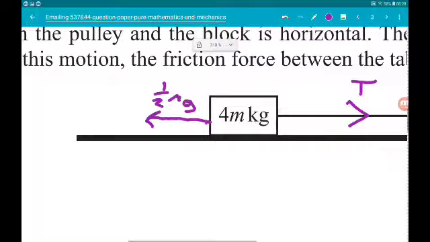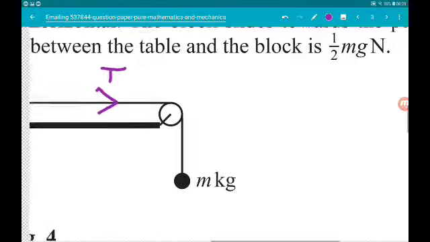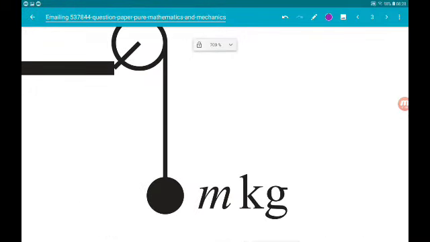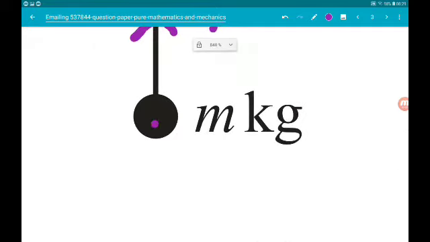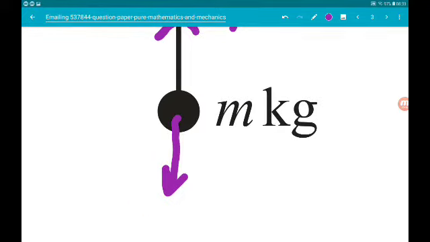Now for the particle, we know tension is acting upwards, so it's trying to pull the particle up, but the weight of the particle is pulling it down. The weight of the particle is m times gravity, mg.